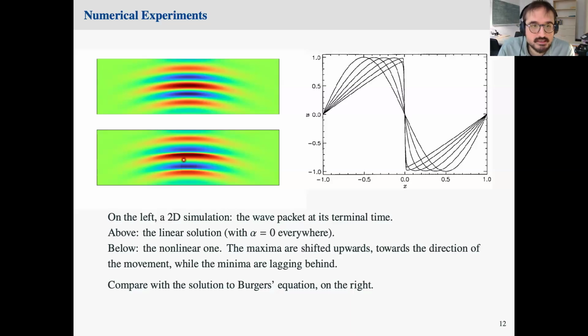What happens is that here the red is the maximum, the positive part, and the blue is the negative part. And we see that compared to the linear case, the red is moving faster, whereas the blue is lagging behind. And this is exactly the behavior that we see in Burgers equation on the right. So this kind of justifies the ansatz. This tells us that this was the correct regime.